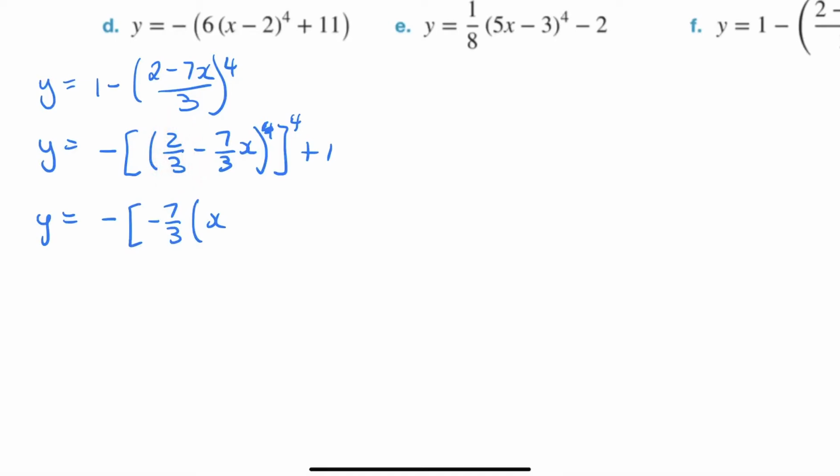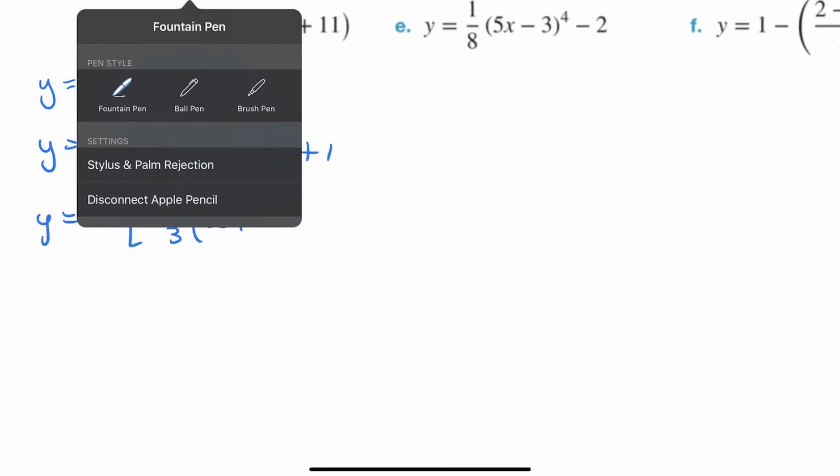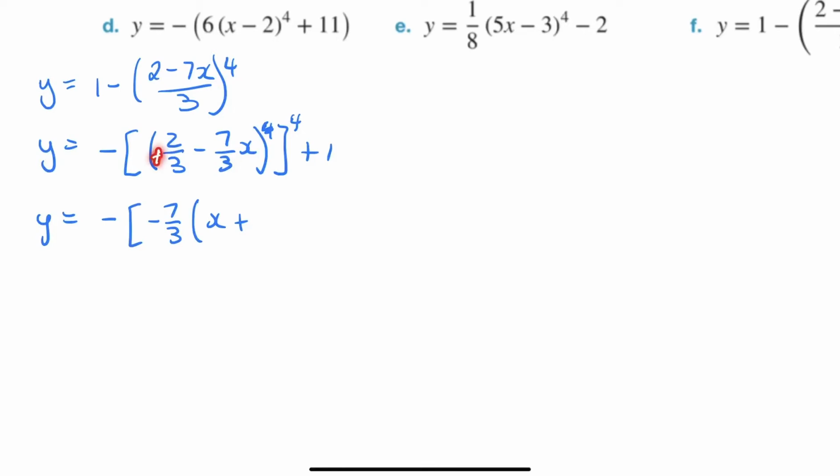Okay, so it's going to be plus this plus here, and then I'm going to multiply that 2 over 3 with negative 3 over 7, and this is everything to the power 4.